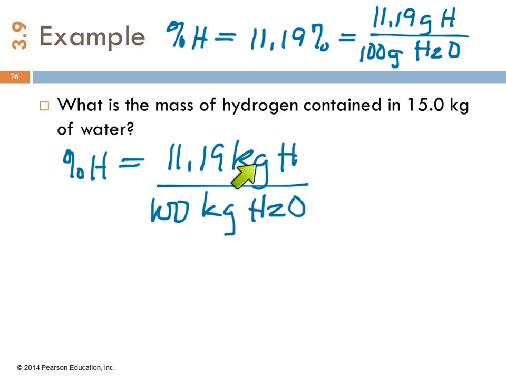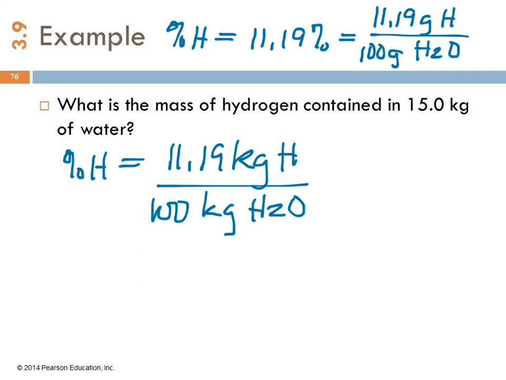As long as the units of mass that we are putting in there are the same, it doesn't matter what unit we use, because in the percent equation, they cancel out. And percent does not depend on size.